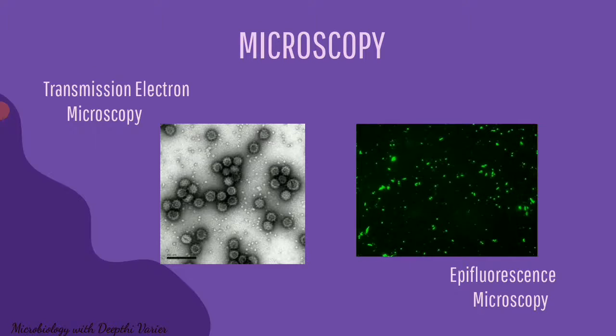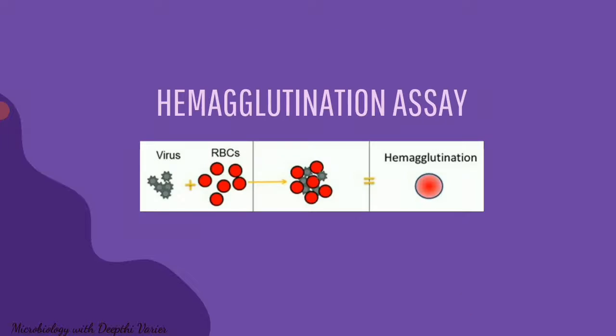But apart from microscopy, we even have other assays or methods which we use for counting. The second one is the hemagglutination assay. This is an example of a viral enumeration method which is based on the chemical properties of a virus, so you can group it as a chemical method for quantification of viruses.